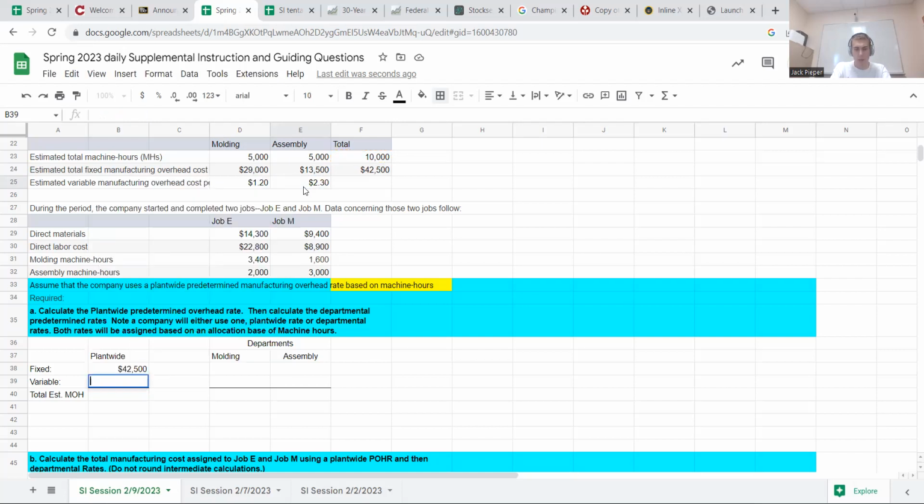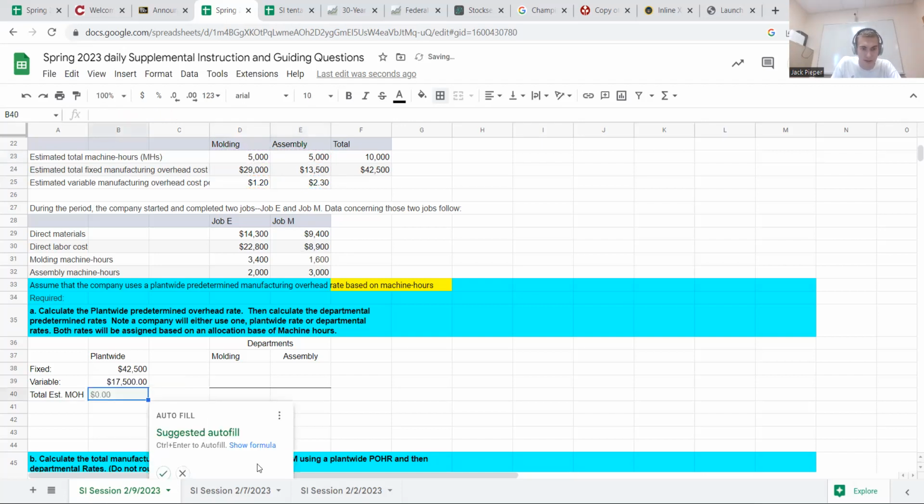We want to take the 120 for molding, multiply by the 5,000, and we'll put that in parentheses. Okay, and then we're going to add the $2.30 times the 5,000. Okay, and we'll get 17,500.